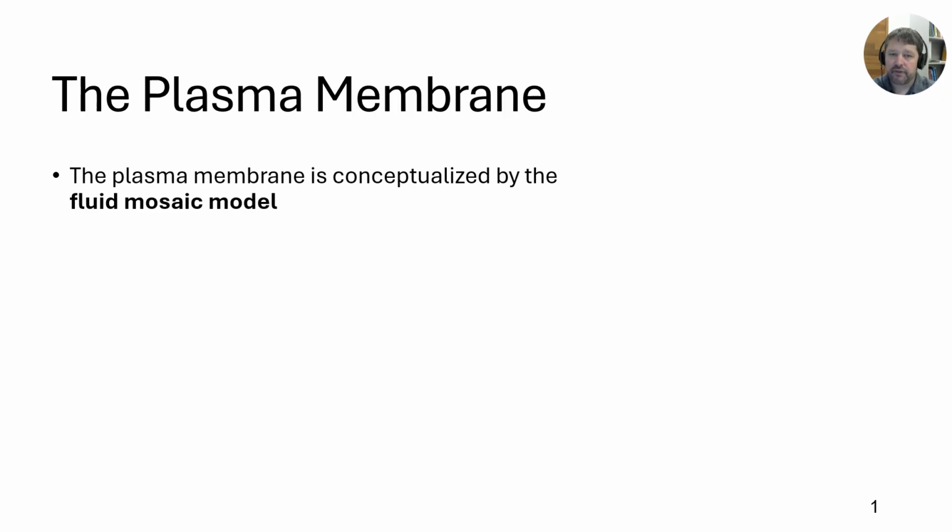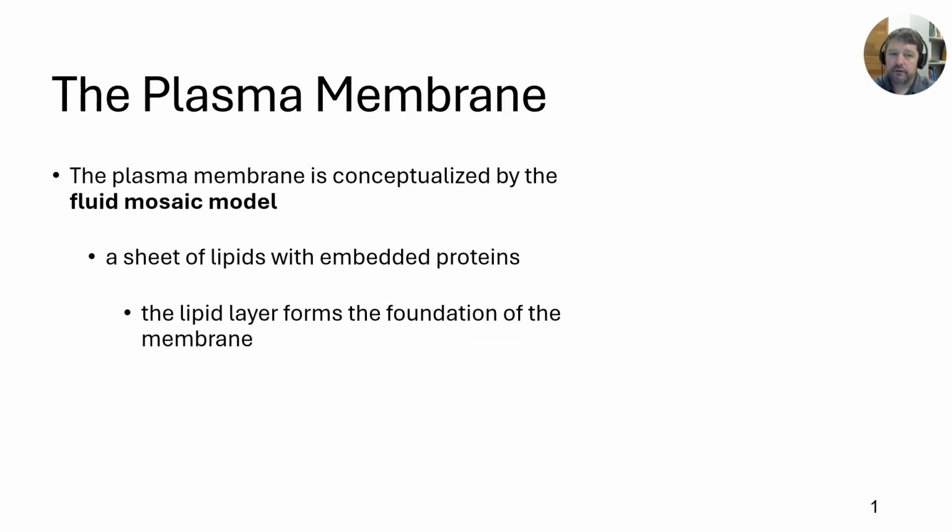Okay, that plasma membrane is what we call a fluid mosaic, or it's part of a fluid mosaic model. What's meant by a fluid mosaic is that it's not rigid, it's flexible. And the flexibility comes with these lipids, these phospholipids that are making up the majority of the membrane, and the proteins that are embedded in between those layers.